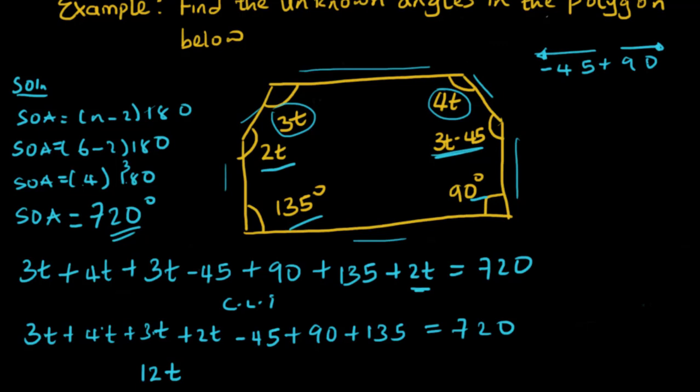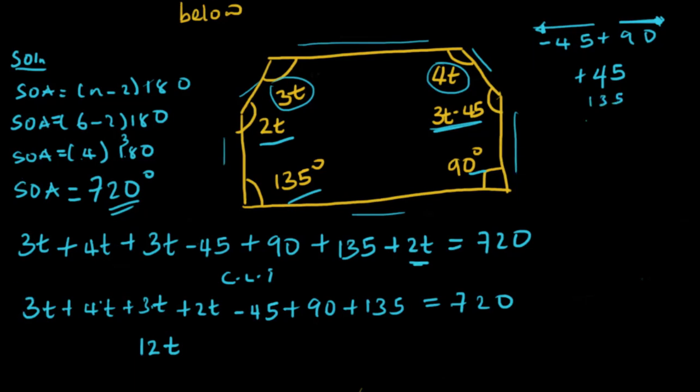Because they are moving in different directions, we subtract. 90 minus 45 is 45. Plus is bigger, so my answer has a plus. So I'm having 45 plus 135, which is 180. So I have 12t plus 180 equals 720.